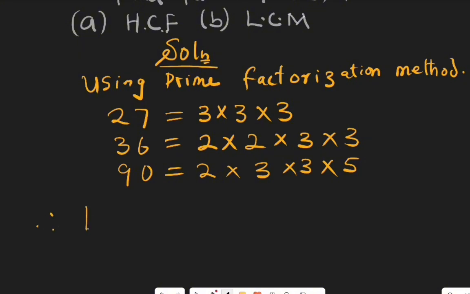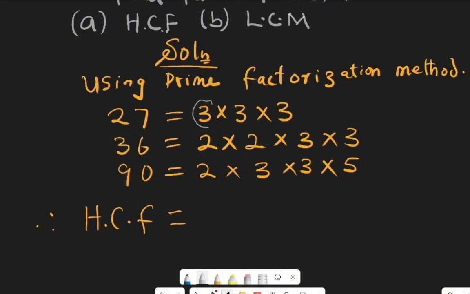Therefore, HCF is equal to, what we do in HCF, we check if 2 will appear in 3 lines. No. What appears in 3 lines is 3. 3 appears in line 1, line 2, and line 3. We check vertically.